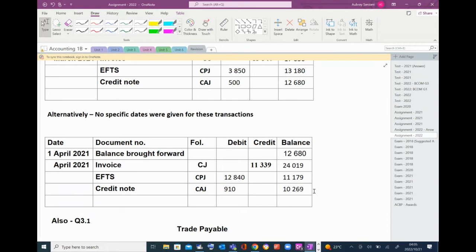Let's continue now with the additional information. It says invoice 1009, reflected on the April statement, had not yet been received by Jasmine. Okay. So this is basically letting us know. Remember our job here, we need to do the trade payables.